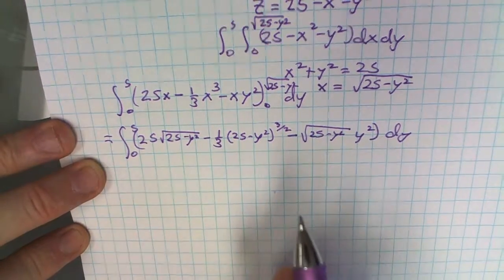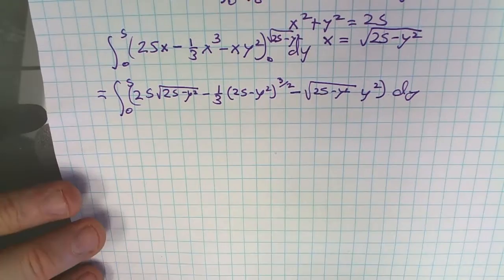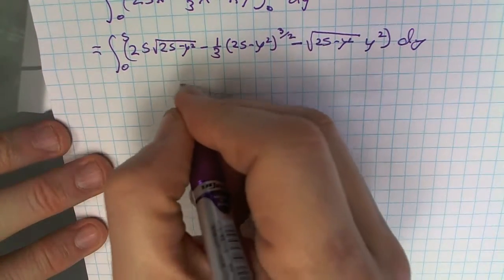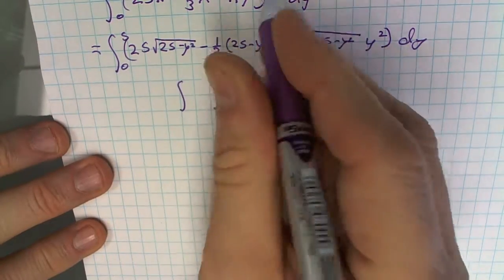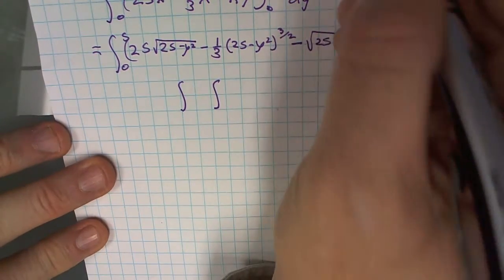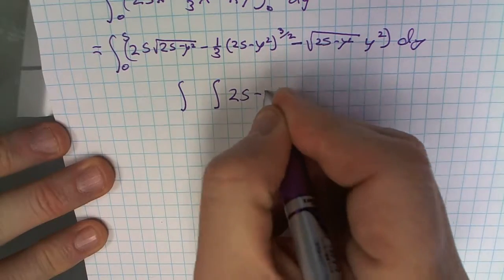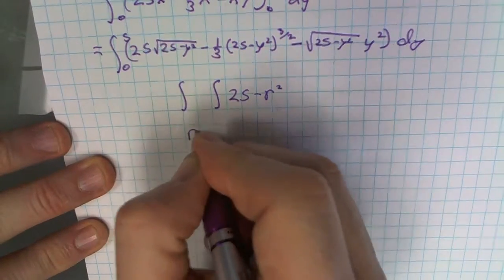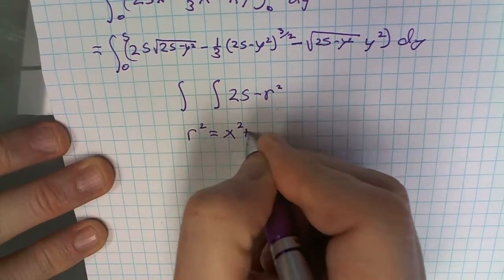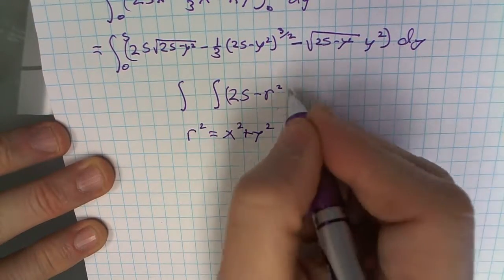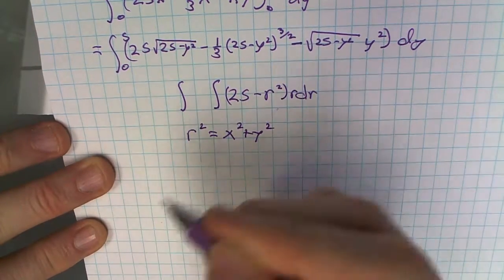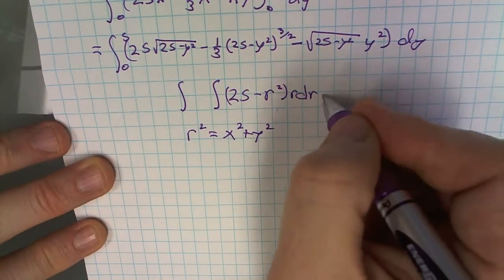Now that's intimidating. But if you just take some time to convert it to polar, look what you have. First of all, the 25 minus x squared minus y squared is just 25 minus r squared, because remember that r squared is equal to x squared plus y squared. Now we have to do the r dr, that's always what we have to do when we're working with polar, and then the d theta.